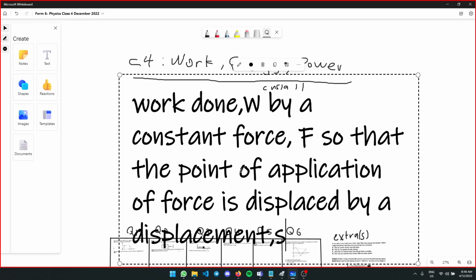Work done by a constant force F so that the point of application of force is displaced by displacement S.